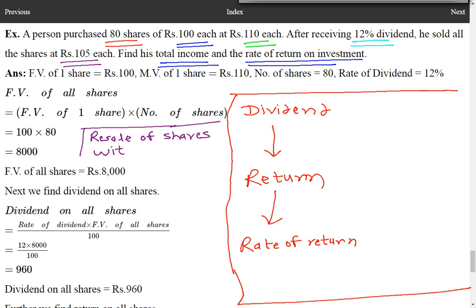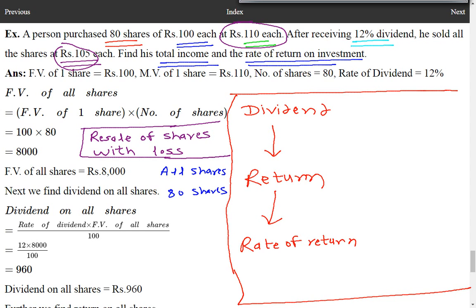So there is resale of shares with loss, a loss of 5 rupees per share. Another thing we are going to consider is all shares. All shares means how many shares are there? 80 shares. So we are going to solve this example by considering all 80 shares.